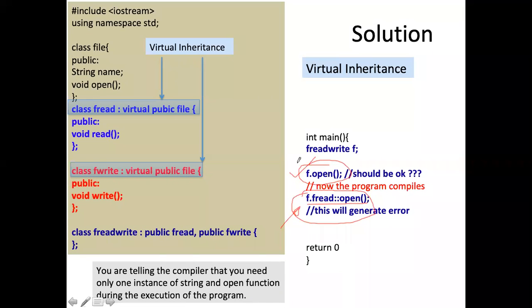And can you think of the reason why this is happening? Okay. Right. So you again have the problem of having multiple paths present. Because even in the virtual case the instance is coming: one instance is coming through virtual and one is coming directly, and because of that multiple paths will still be there, so you will have to give an explicit call in this particular case.